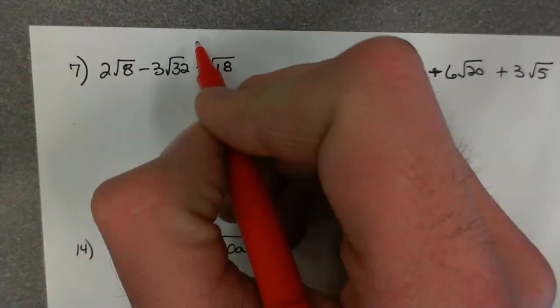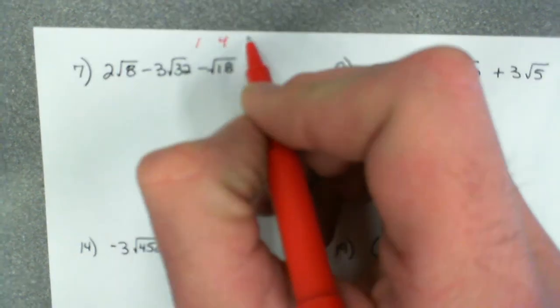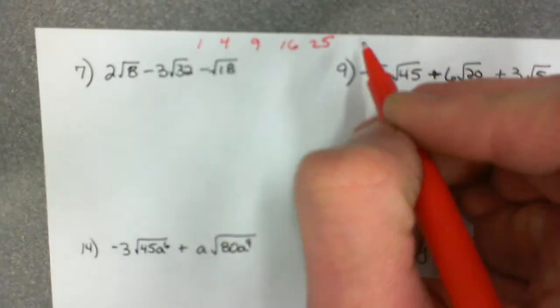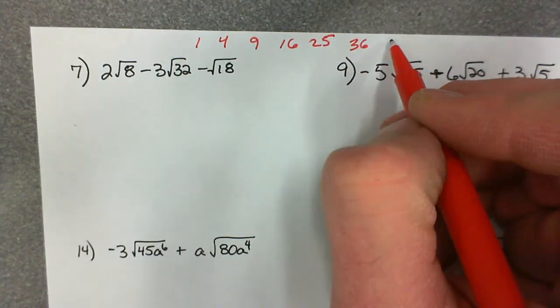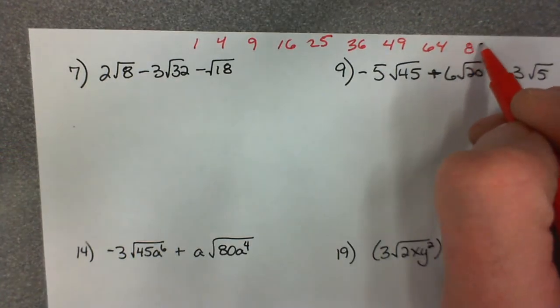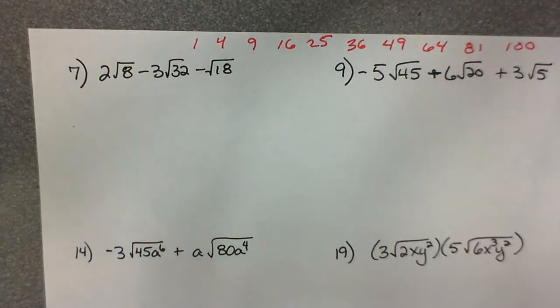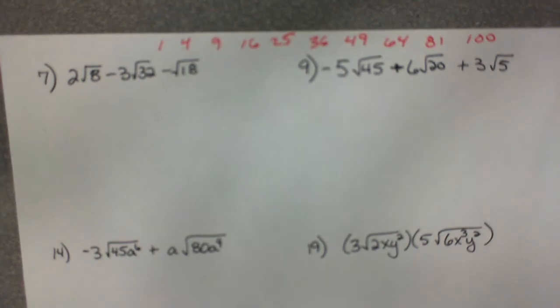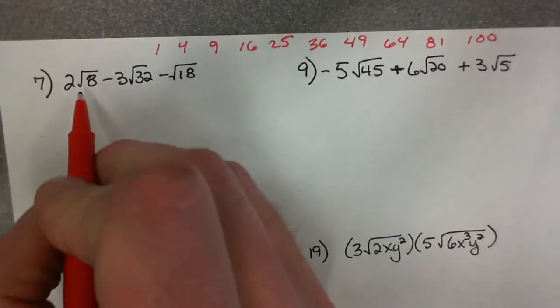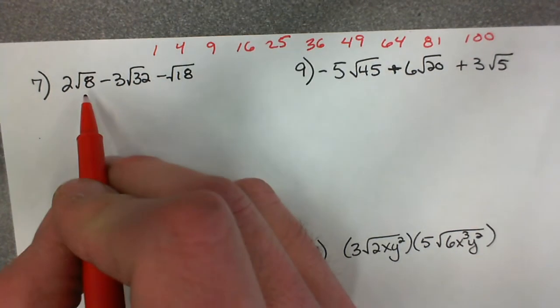Perfect squares are such as 1, 4, 9, 16, 25, 36, 49, 64, 81, 100. There's perfect squares. Okay. And now we're looking for which of these is a perfect square factor in 8.